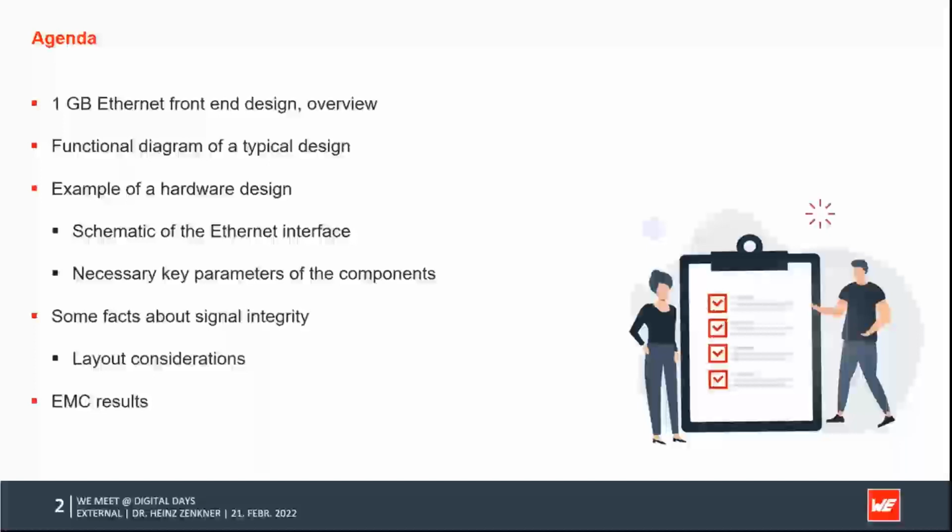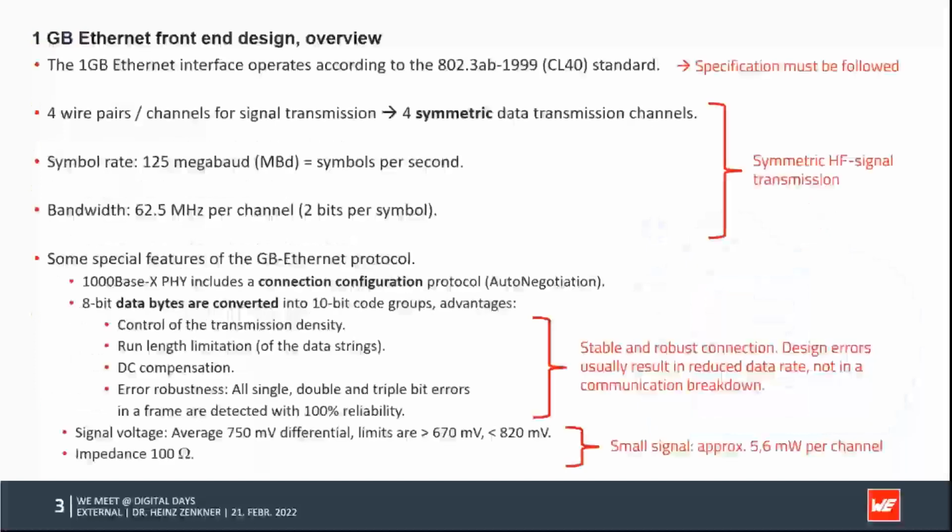So what is it about the Gigabit Ethernet design? The Gigabit Ethernet design has to be created according to a standard which is quite old. It was established in 1999, so quite a couple of years ago, and it's still valid. This means we have to follow specific parameters which are defined there.